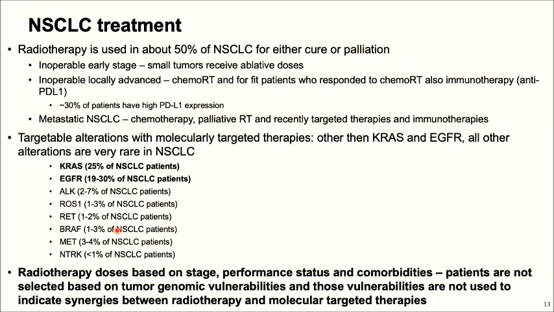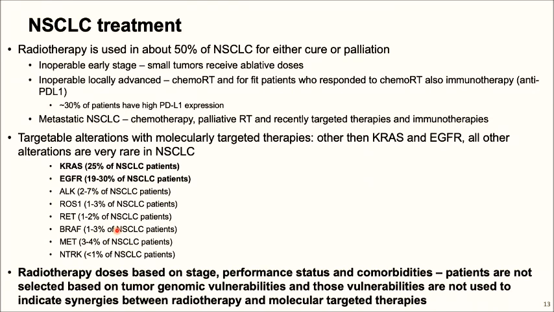But the only ones that have a significant number of patients are KRAS and EGFR, in which about 25% of lung cancer patients have mutations for KRAS, and between 19 and 30% for EGFR. For all the other targets in which drugs are available, the percentage of patients is very, very small.